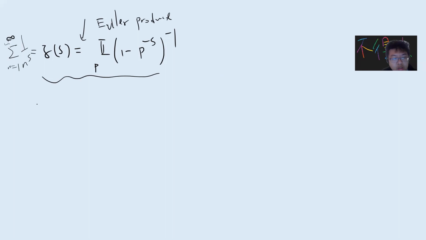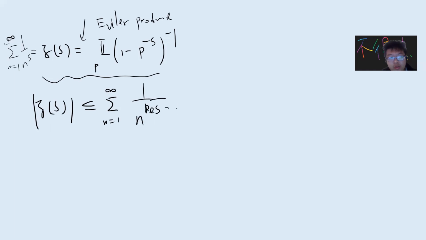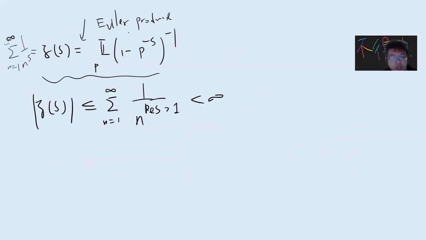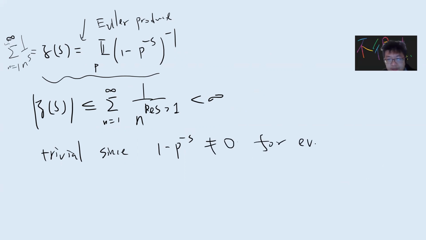Simply speaking, zeta(s) equals the summation over n from 1 to infinity of 1 over n to the real s, which in this case I choose greater than 1. So this is absolutely convergent, so it satisfies this property, and I only need to check that 1 plus an is non-zero for every term, which is trivial, because 1 minus p to the minus s is non-zero for every p. So this is non-zero. Okay, very simple.